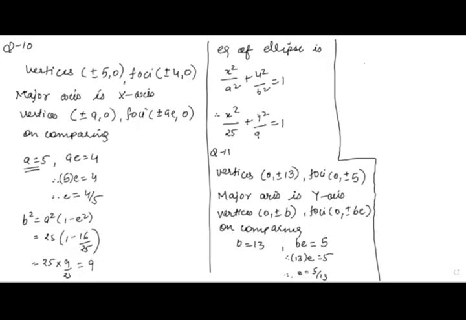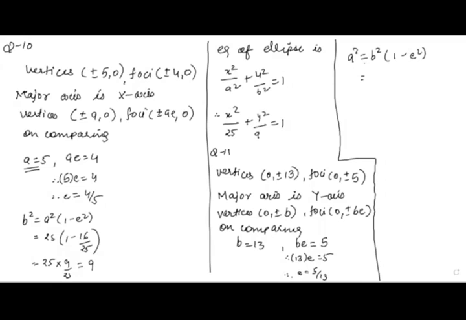Now I got the value of b. I need the value of a, and I will find the value of a using the equation a square is equal to b square into 1 minus e square. As you can see, if my major axis is x-axis, I will use b square is equal to a square into 1 minus e square. Whereas if the major axis is y-axis, I will use a square is equal to b square into 1 minus e square.